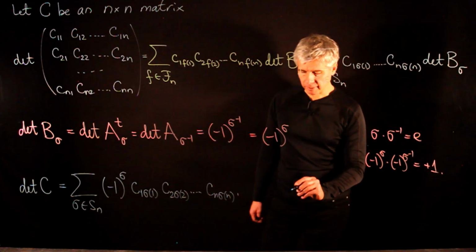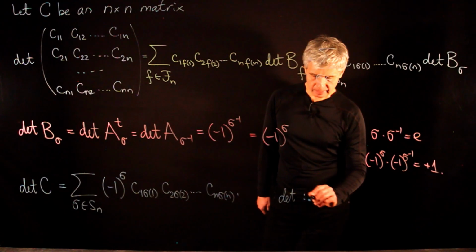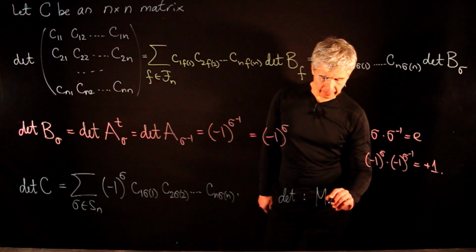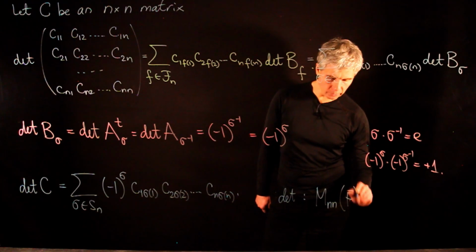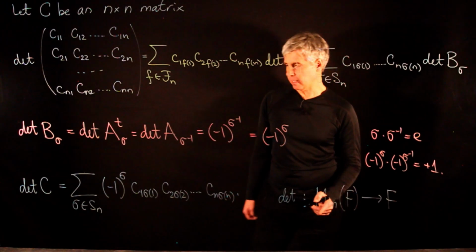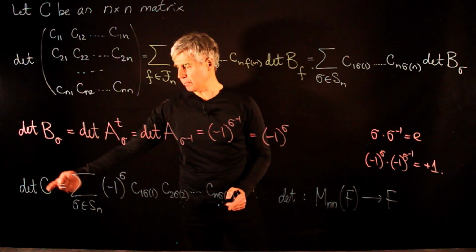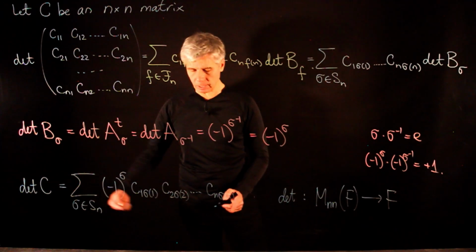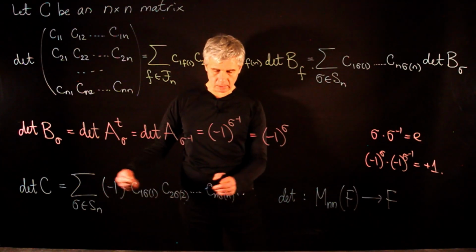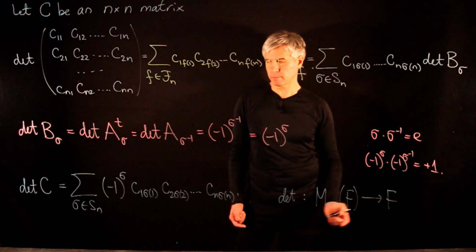So what do we mean by a function here? Here we consider the determinant as a function on the set of n by n matrices over a field F with values in the field F. And so indeed, this formula tells us that if we have a square n by n matrix, then this produces a number in the field F.